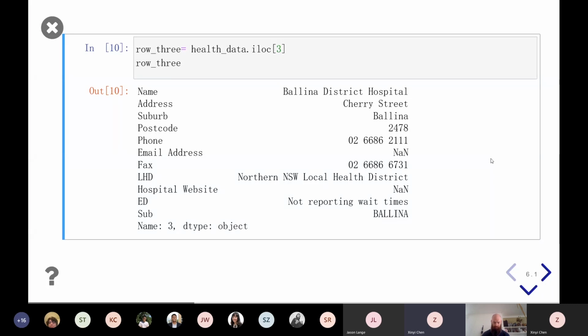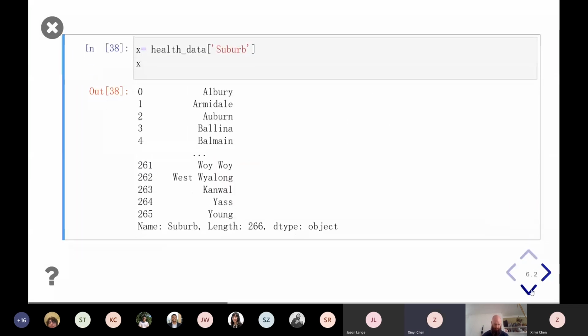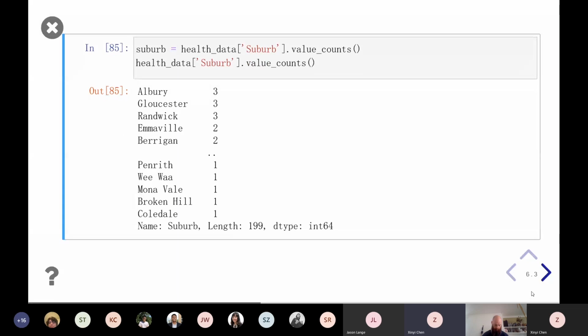So first I got a list of rows, with the name, address, suburb, postcode, listing detailed information of the hospitals, and then I got the data of the suburb, so just the suburb, and I count the number of each suburb, like how many hospitals are located in these areas.